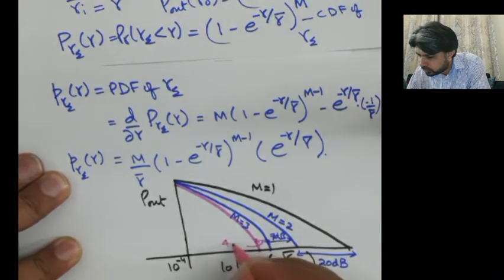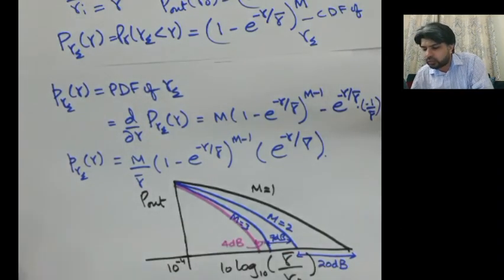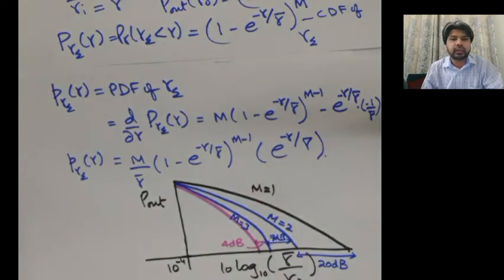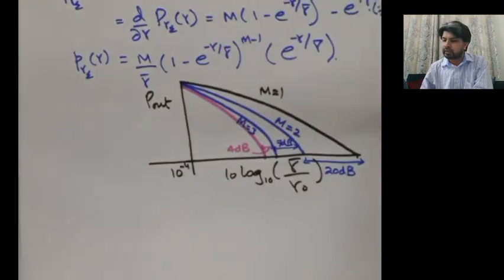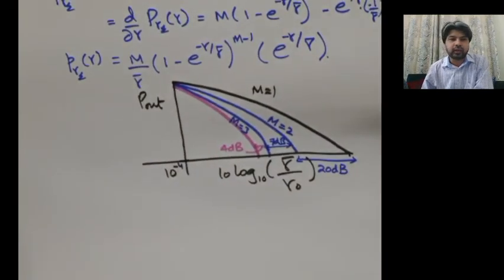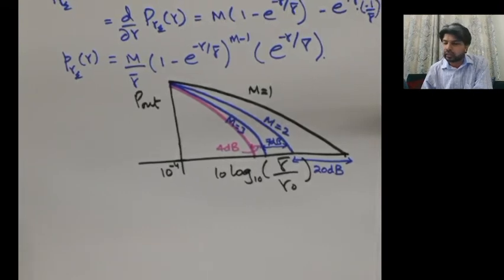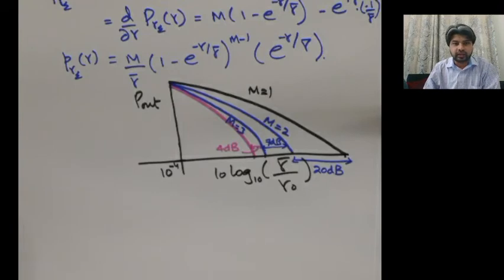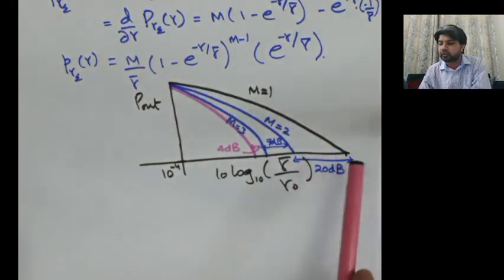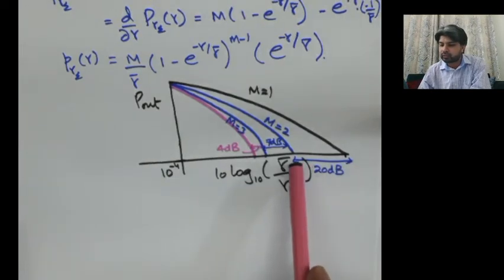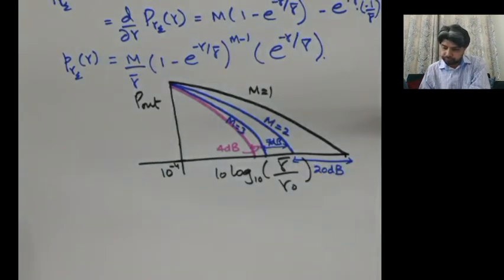So one thing you can notice for selection combining is that as you increase your diversity, your number of branches, the gain you are getting is diminishing. But nevertheless, you're getting a substantial gain, and the most substantial gain is when you move from m equal to 1 to m equal to 2. You get a huge gain.